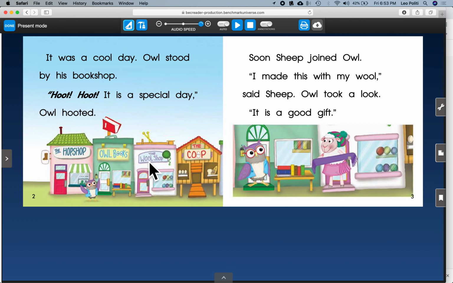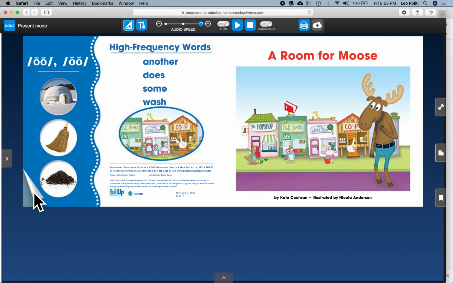You might say, I see that the sheep is holding something like a scarf, and she might be trying to sell it because these shops look like businesses, right? So they all have their own space, their own room. I wonder what you can predict from that. What would you predict for moose? Okay, so we'll continue and we'll find out why the title says A Room for Moose.